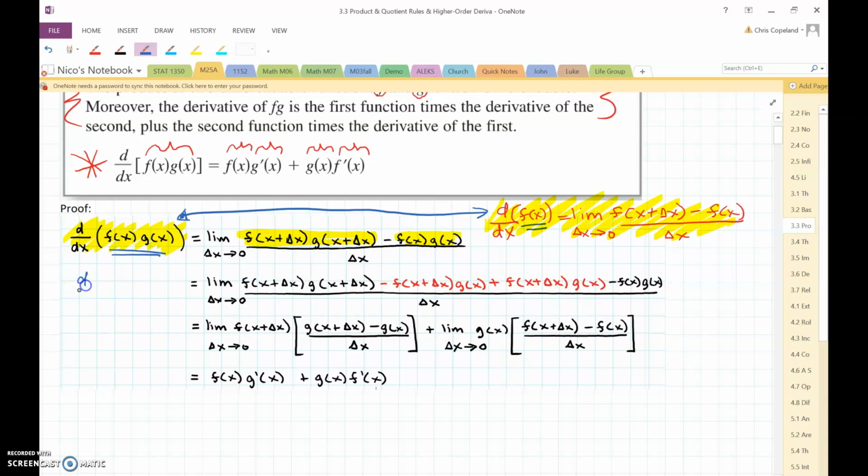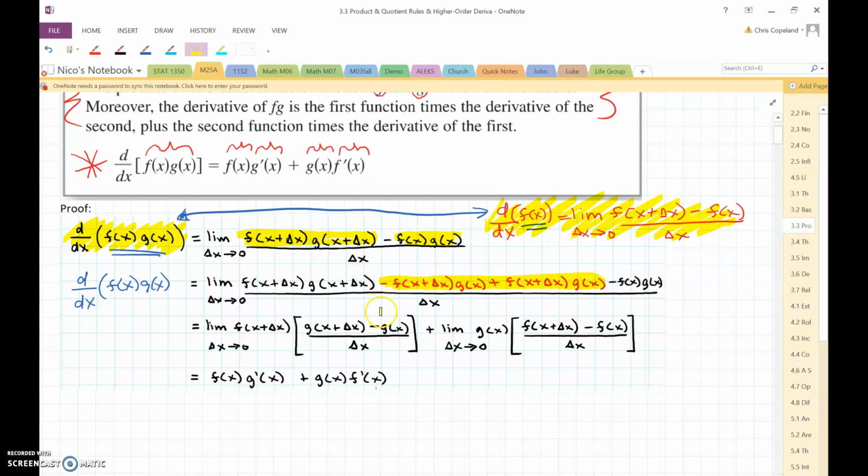Step two, when we take the derivative with respect to x of f of x times g of x, everything from step 1 to step 2 is going to be exactly the same except what I have here highlighted in red.